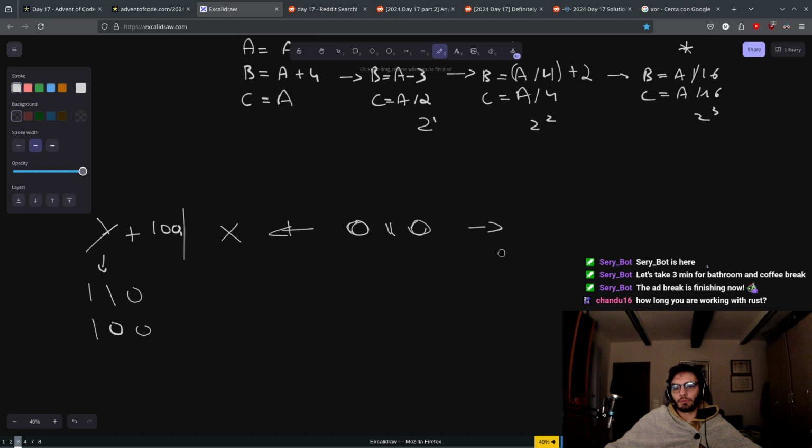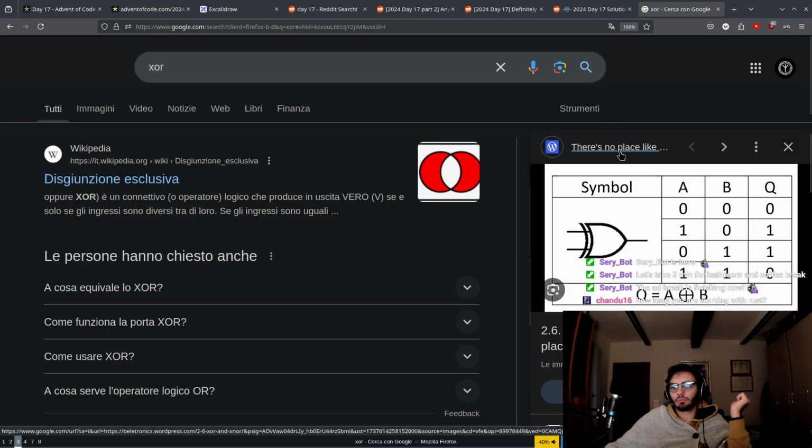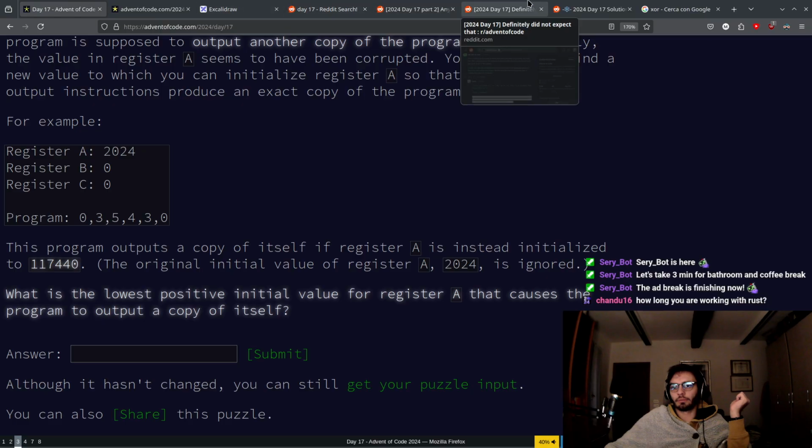So the possible ways in which this can be produced, it would be one, 0, 1, or XOR. What's the symbol XOR? Okay, not drawing that.